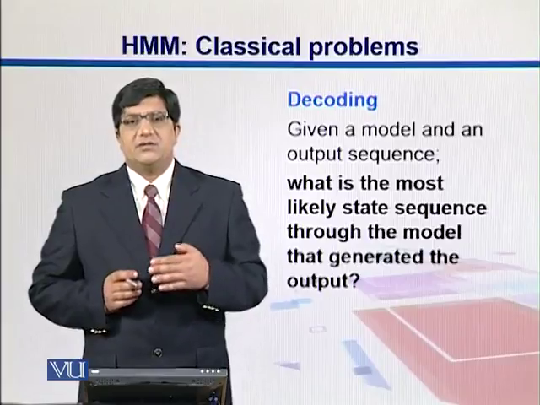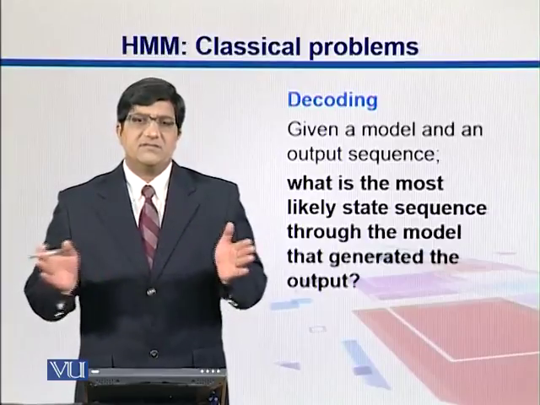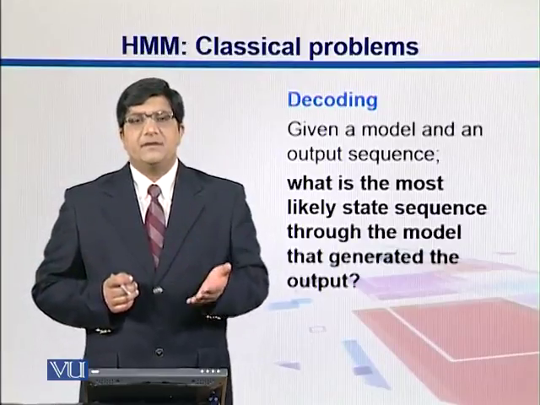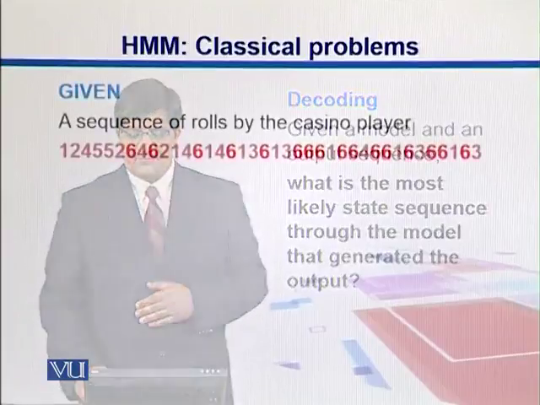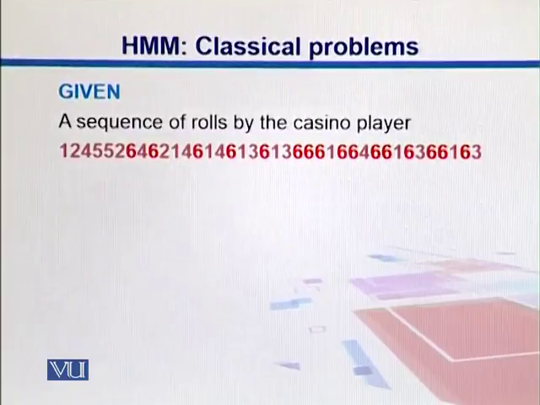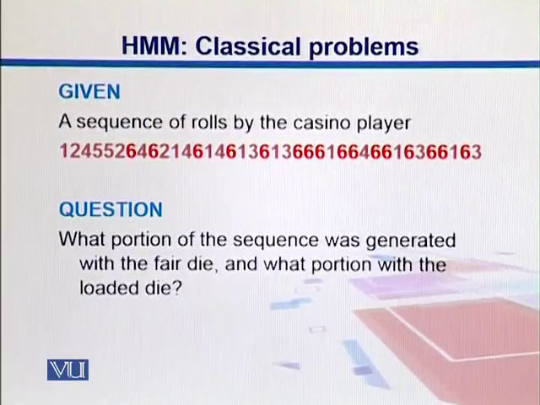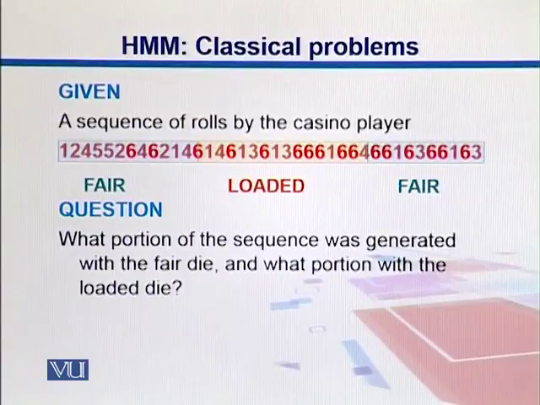You are given some sequence of symbols, and you are decoding what states are underlying those sequences. We have a sequence of rolls again, and what portion of the sequence was generated with the fair die and what portion with the loaded die. This is our decoding.